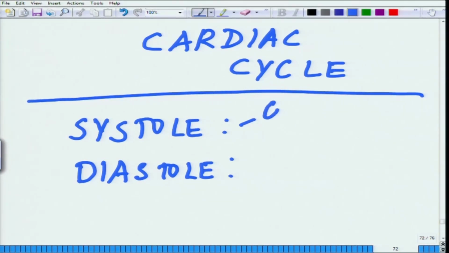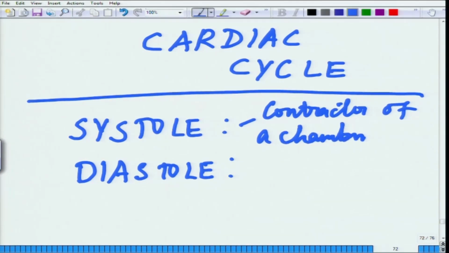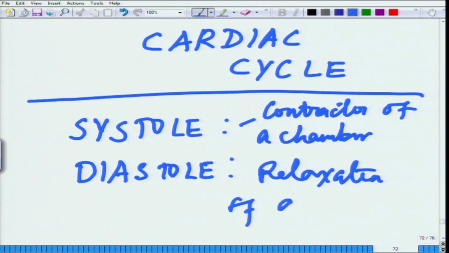Systole is contraction of a chamber. In this situation, it could be an atrium or a ventricle, left or right. Diastole means relaxation of a chamber.